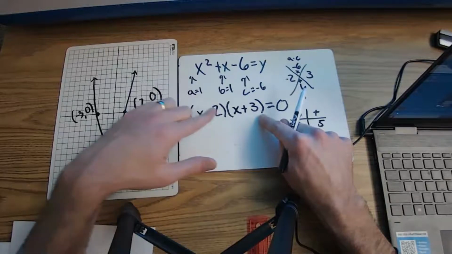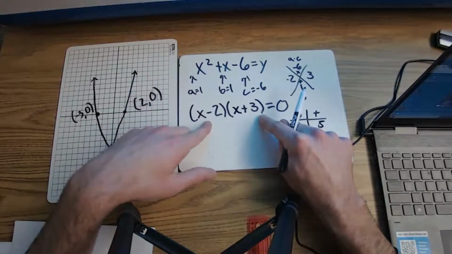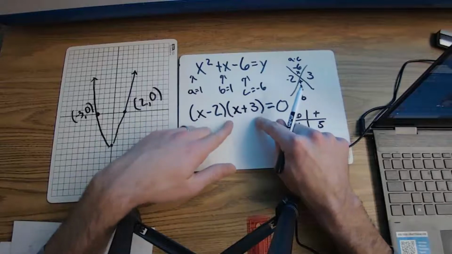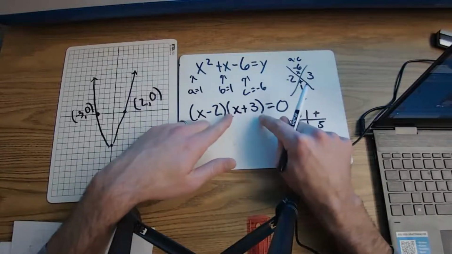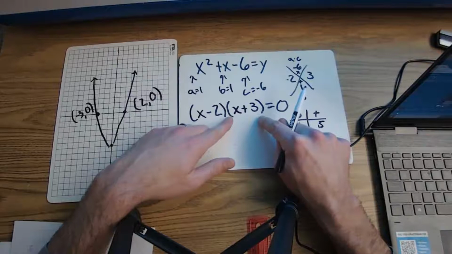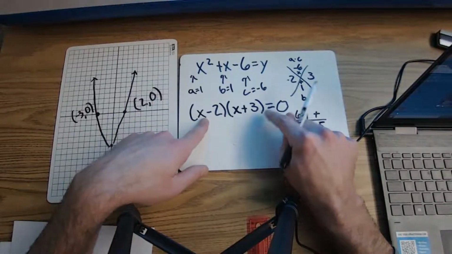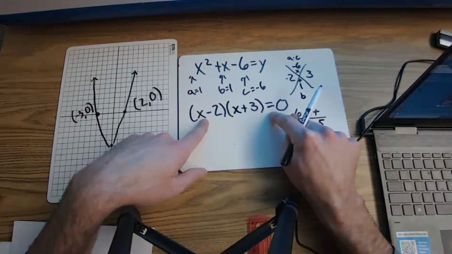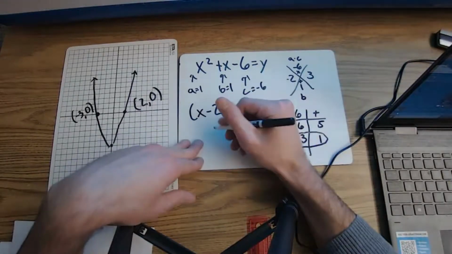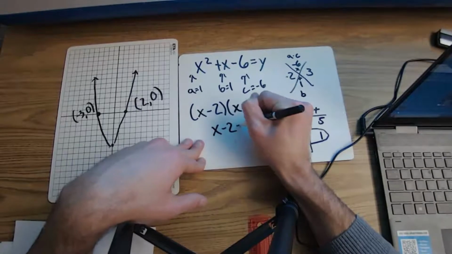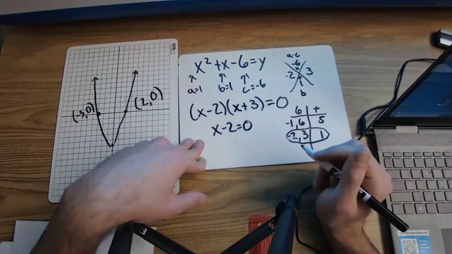Okay? If x minus 2 equals 0, anything times 0 equals 0. If x plus 3 equals 0, then if I multiply x minus 2 times 0, I still get 0.